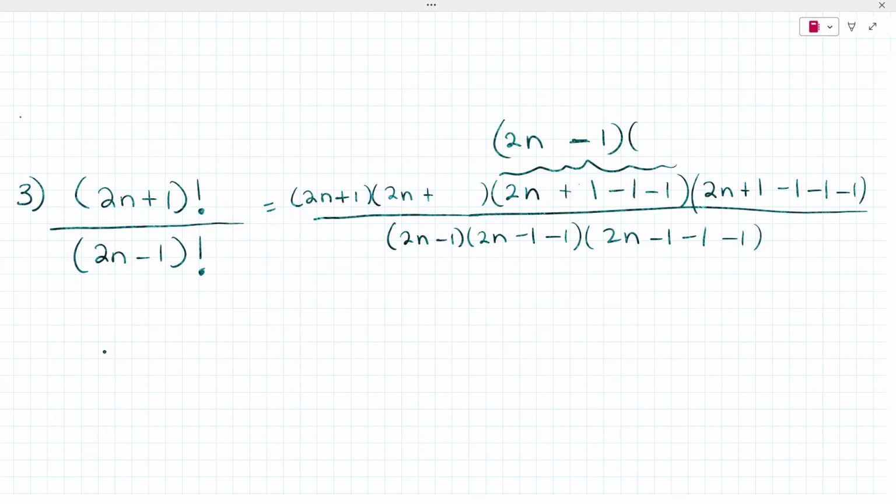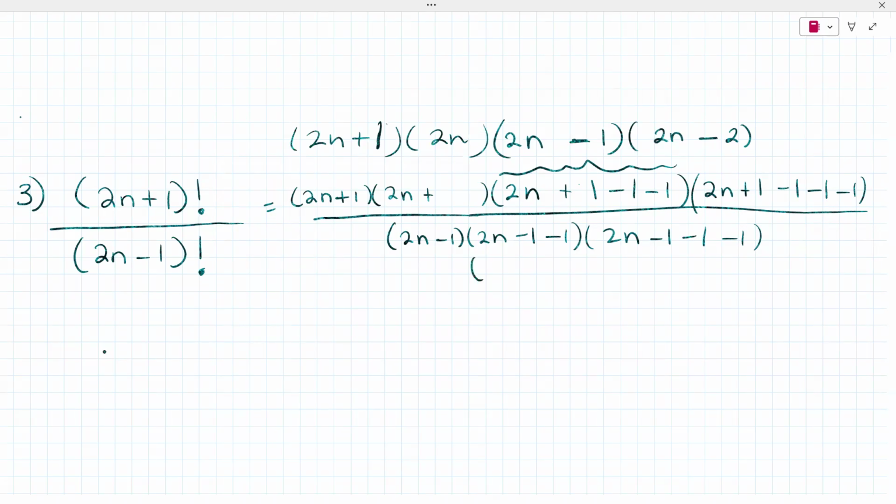Over here, we have 2n plus 1, the negative 1 cancels, and then negative 1 minus negative 1 is negative 2. And then over here, you have 2n. And over here, this is just 2n minus 1.